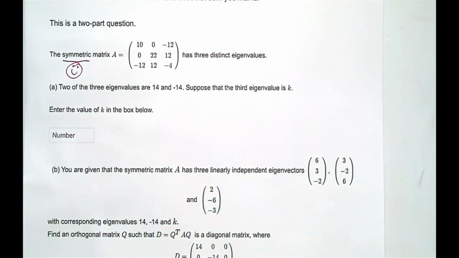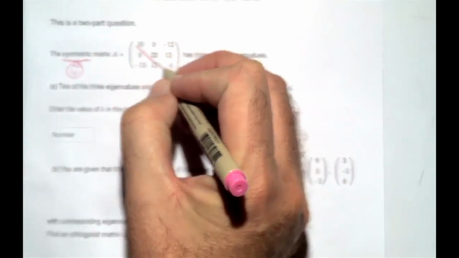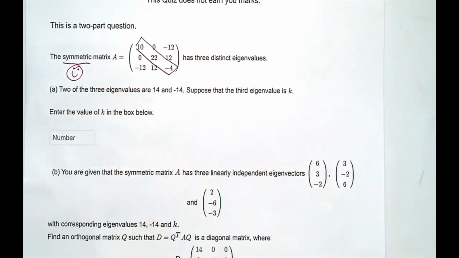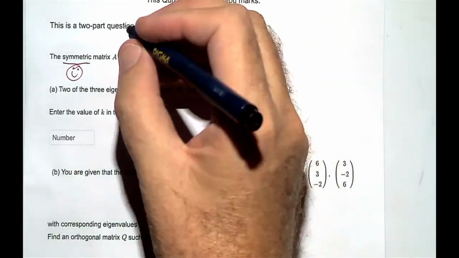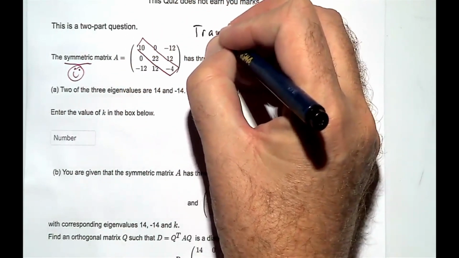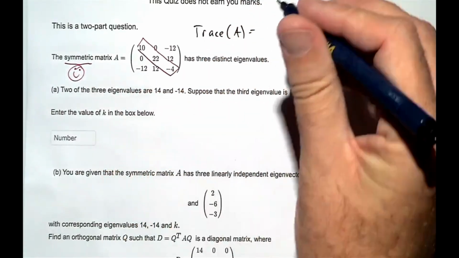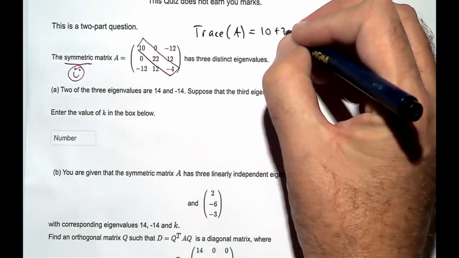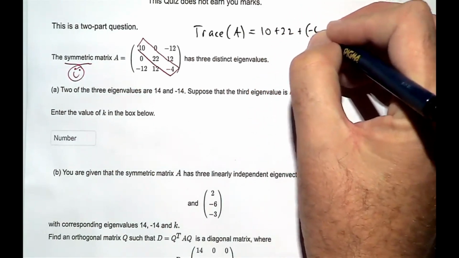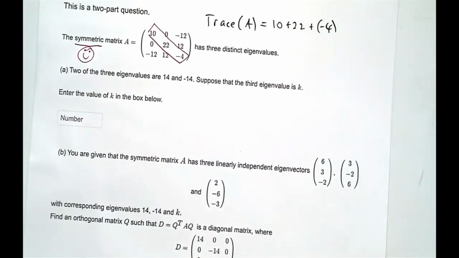Okay, so you look down the main diagonal and you add those values together. Let's call this A. So the trace of A is 10 plus 22 plus negative 4.